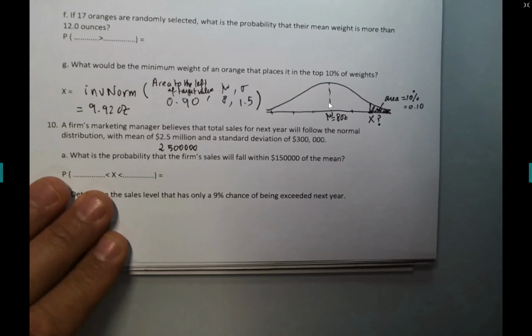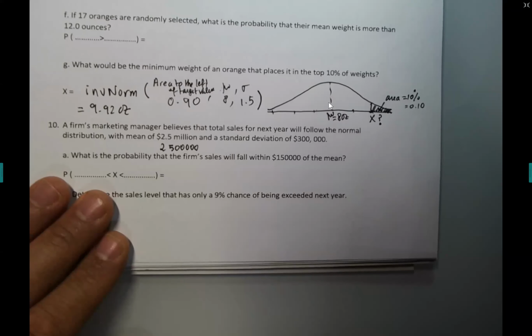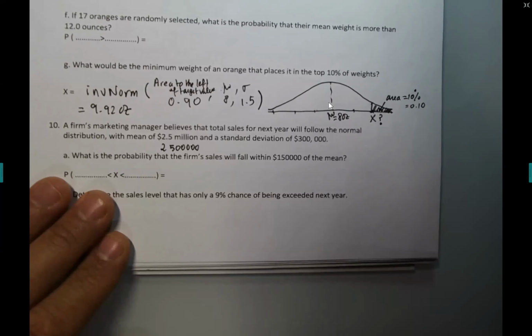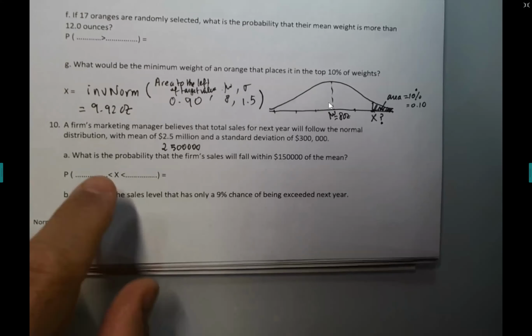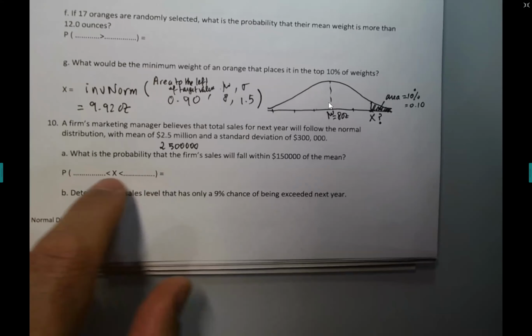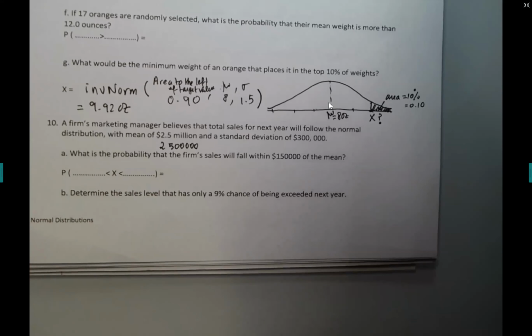2,500,000. What's the probability that the firm's sales will fall within $150,000 of the mean? Do you guys know what that means? Does anyone know what that means? I put in between, as you can see, for the answer. What does it mean for the sales to fall within $150,000 of the mean?